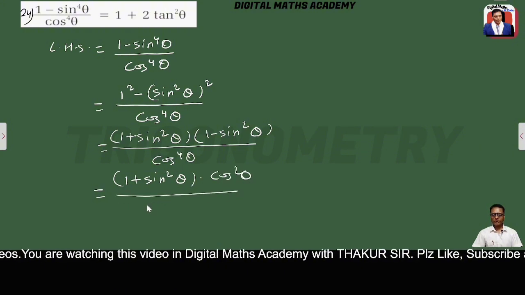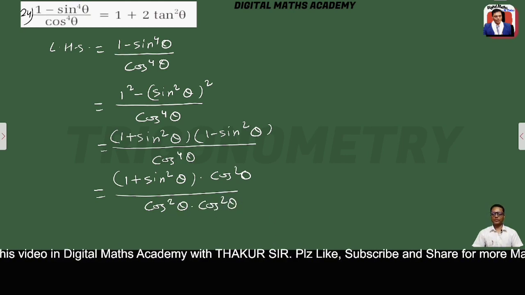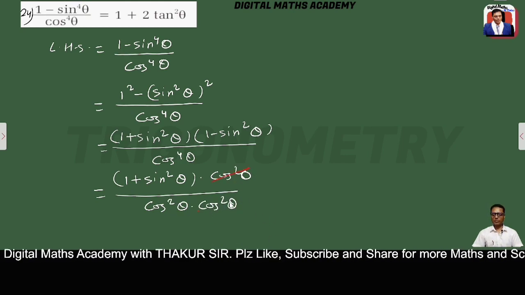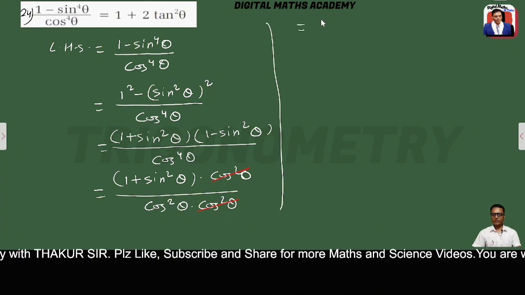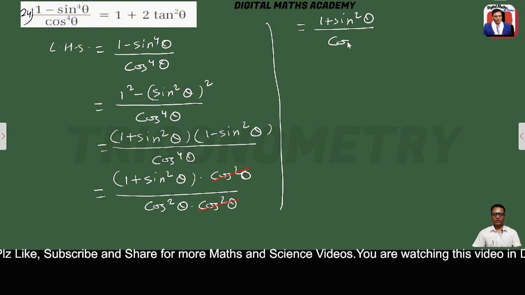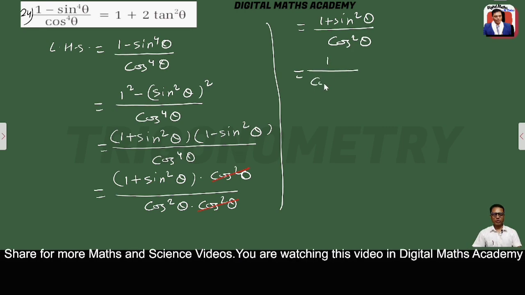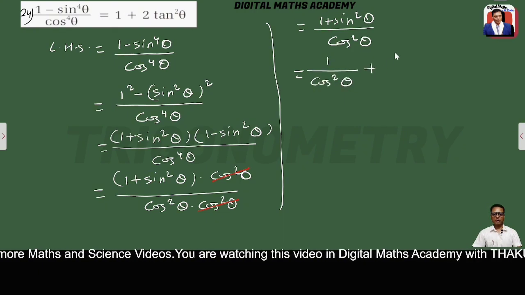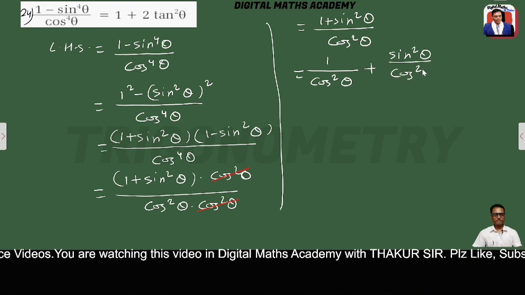And cos to the power 4 theta we can write as cos square theta dot cos square theta. So one cos square we can cut up and down. And remaining we write 1 plus sin square theta over cos square theta. Now we are going to separate the base: 1 by cos square theta plus sin square theta over cos square theta.